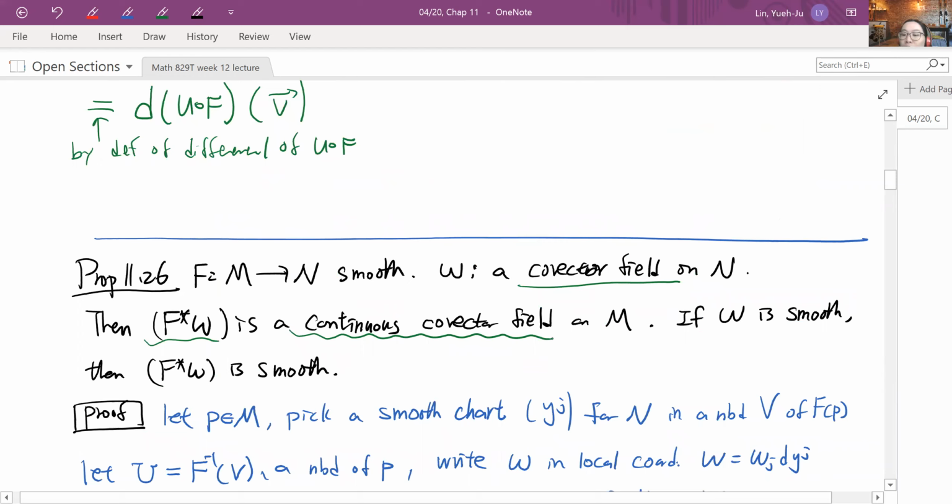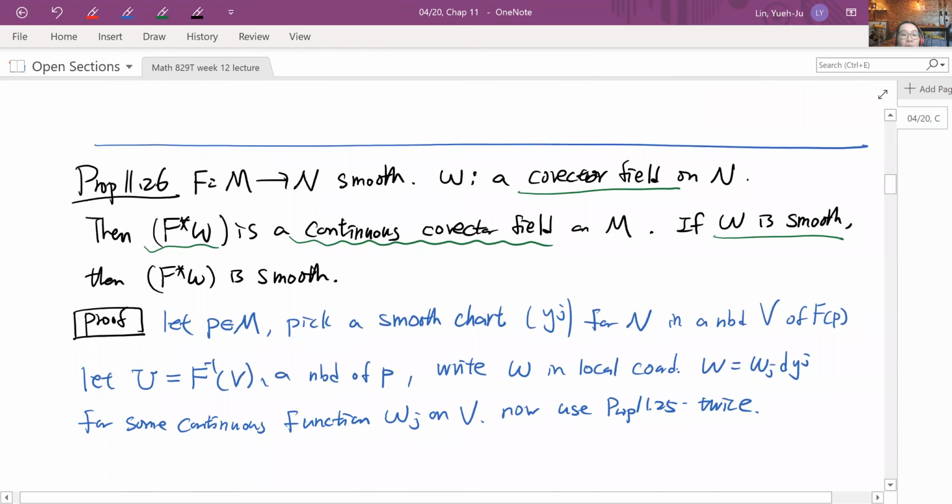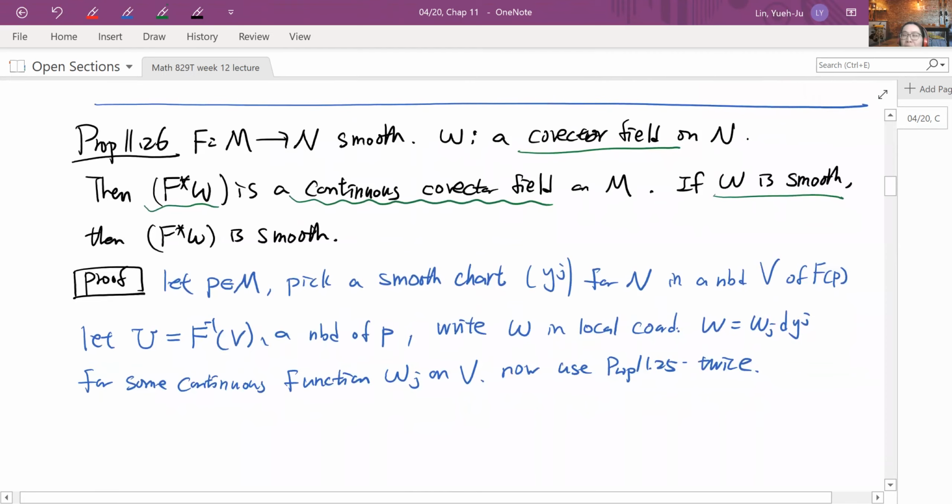But if in addition we know W, this covector field, is smooth, then you will pull back to a smooth covector field, right? It actually kind of makes sense. We can directly see it by using the component function. Remember, one of the ways we check whether a covector field is smooth or not is by representing it in terms of local coordinates.